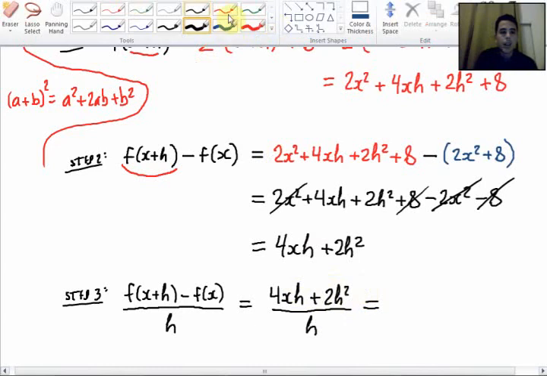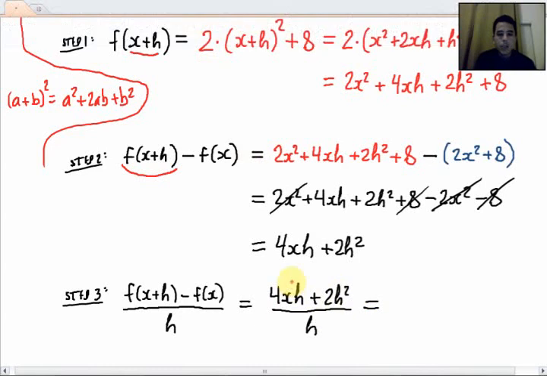I can collect 1h. There is 1h here, and h squared means there is hh there, so I can collect one of them and put 1h out. This will be 4x plus 2h.